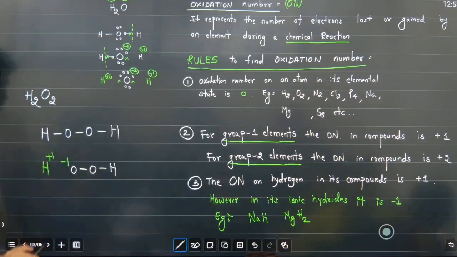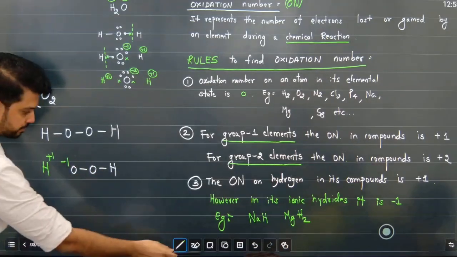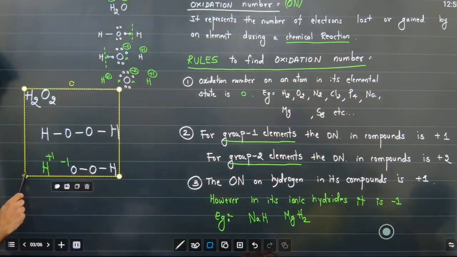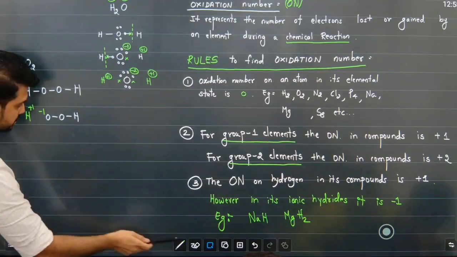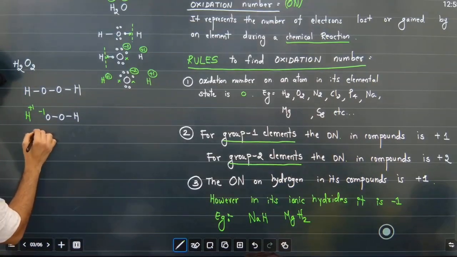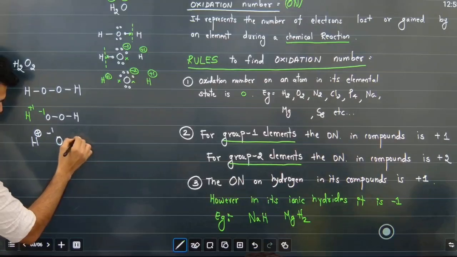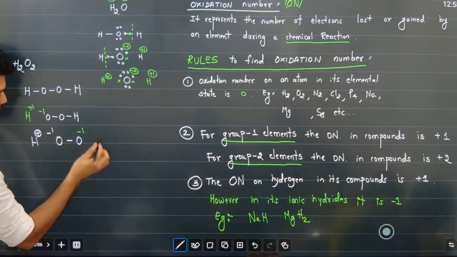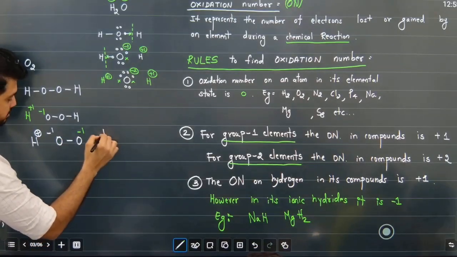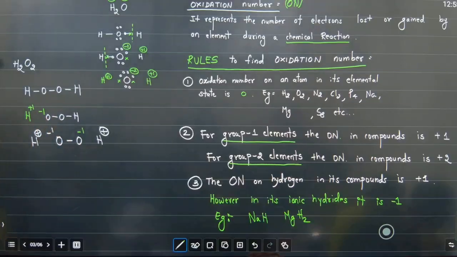If I break the right bond, who's going to take the electrons? Oxygen. Again oxygen will develop a -1 here too, and this hydrogen becomes a +1. I'll just write plus, that will also work.